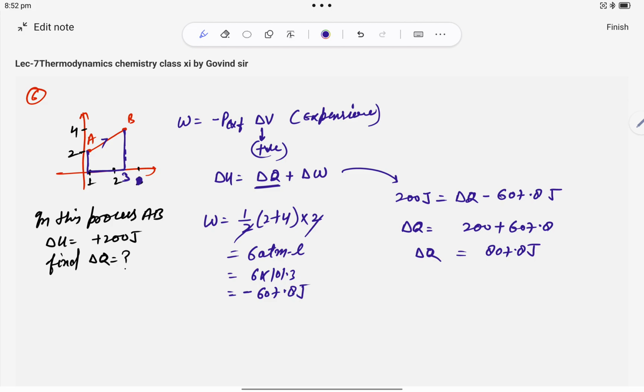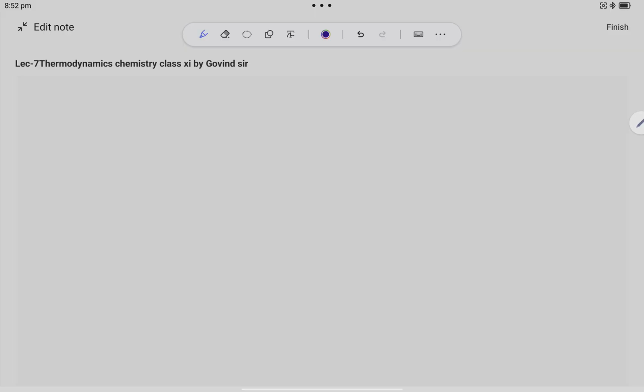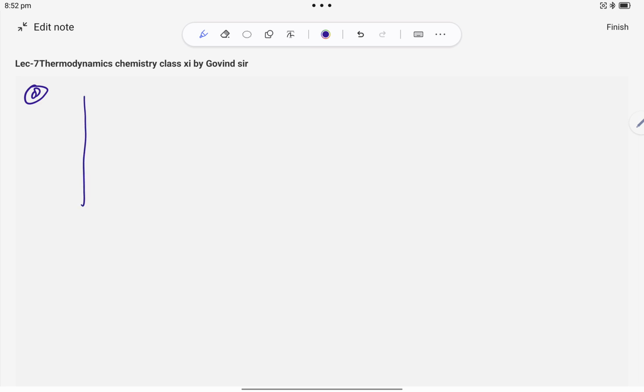Okay, so this is question number 7. Question number 8, this time a graph is given, pressure versus volume again.